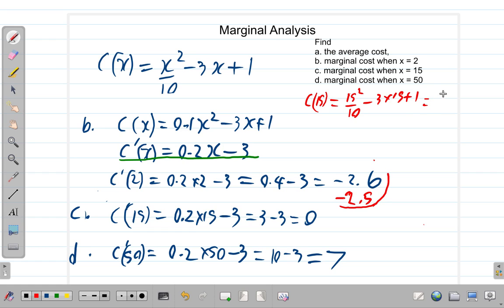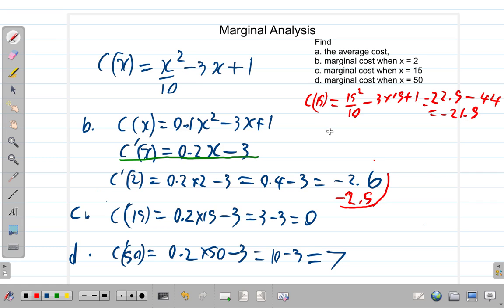But 225 over 10 is 22.5, minus 15 times 3 is 45. So we have negative 45 plus 1, which will be negative 44. So what you get is really 22.5 minus 44, and that will be negative 21.5.